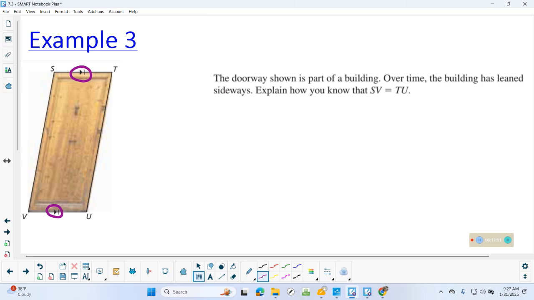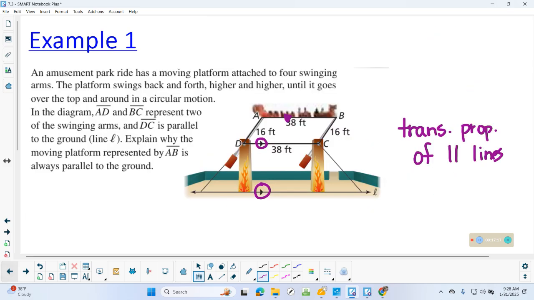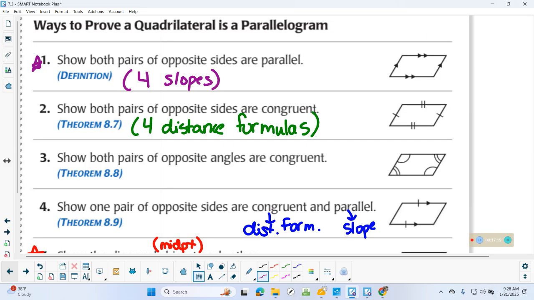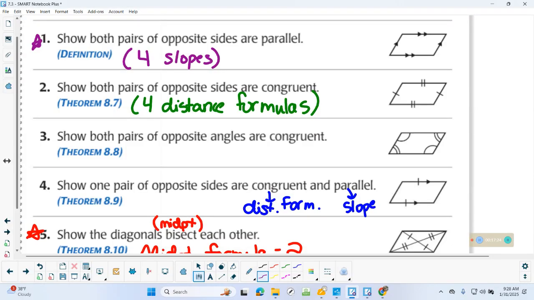Okay, so look at your symbols. The triangle means parallel. Obviously the tick mark means congruent. So I'm going to flash it back here. Do we have anything on this list to prove or justify and say, yes, it is a parallelogram? We have one pair of opposite sides congruent and parallel. So I heard somebody say it, number 4. So we have that information.